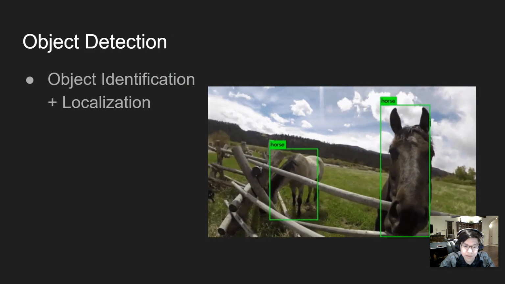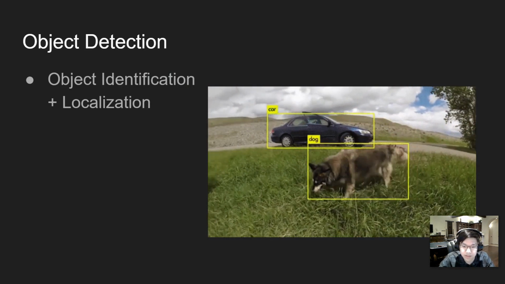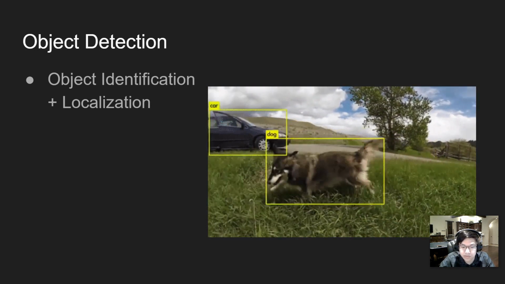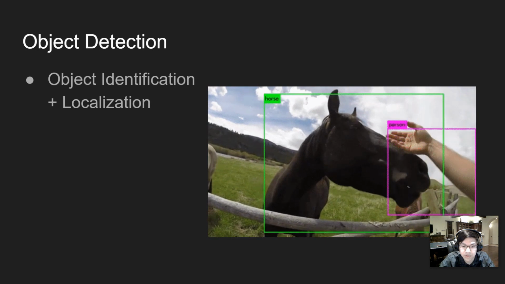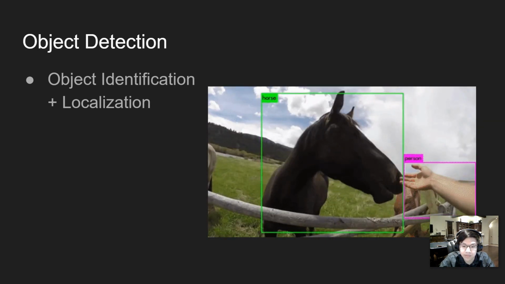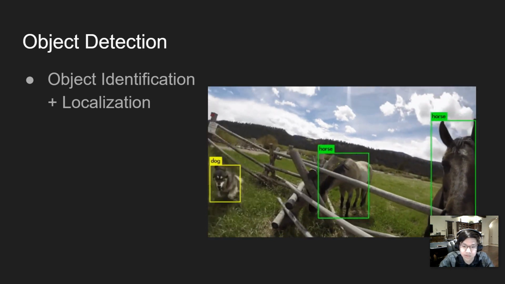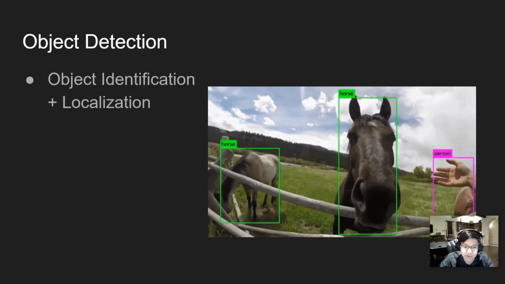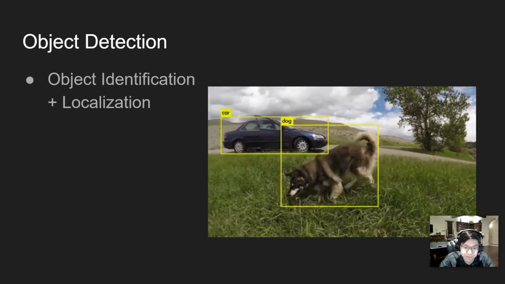The level above object identification is object detection, where not only is it trained to classify what that object is, it is also trained to show where it is, which is adding a localization to the output. You see, there's a bounding box around objects that it is able to identify.